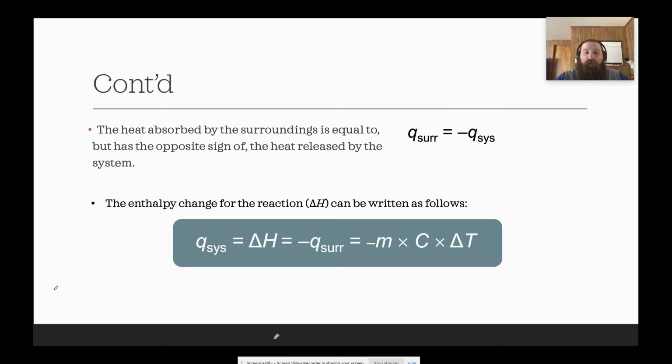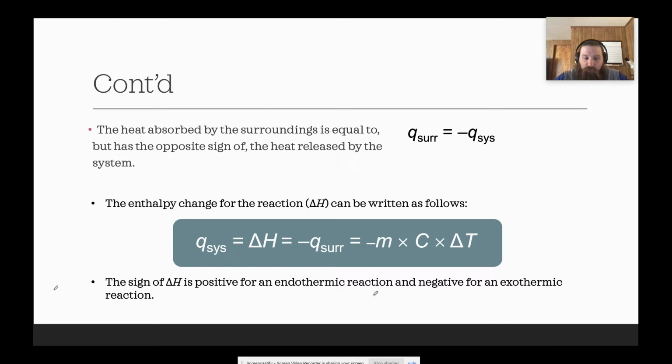So if I want to calculate enthalpy, I can say the heat of the system equals the delta H equals the negative heat of the surroundings. And that means we want to put a negative sign right there. Okay. So that's how we're relating these two things. If you get a positive delta H, then you're talking about an endothermic reaction. If you get a negative delta H, you have an exothermic reaction.